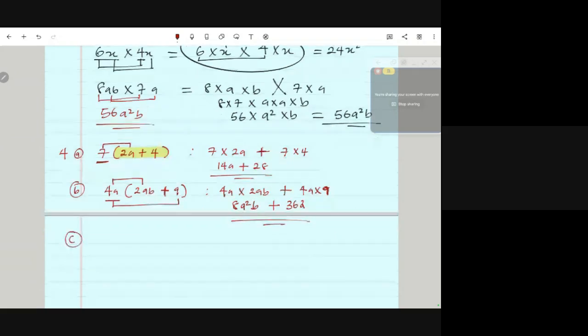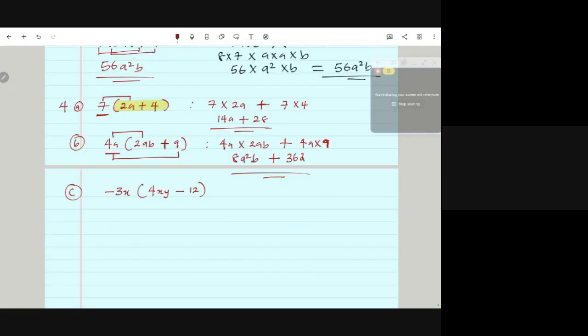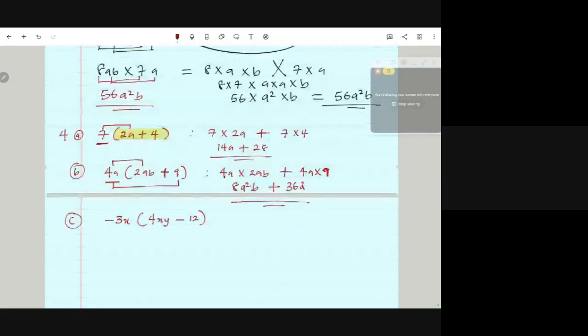Let's take another example. We have minus 3x into bracket 4xy minus 12. I purposely bring this to explain to you about signs. So in mathematics, signs can also multiply each other.